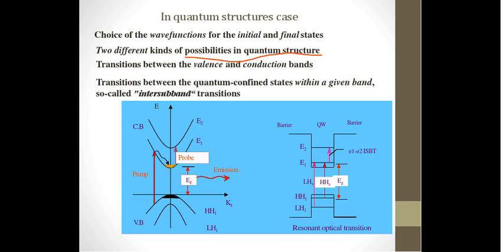One is the transition between the valence band and the conduction band, and another kind of transition that may be possible is within the conduction band itself, from the lowest energy level in the conduction band to a higher energy level in the conduction band.